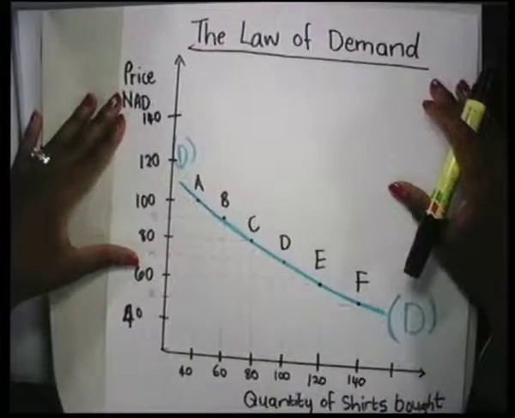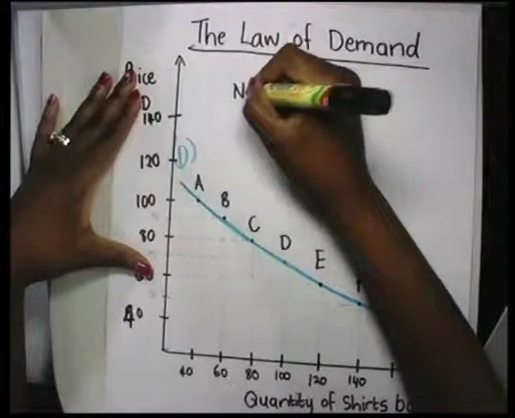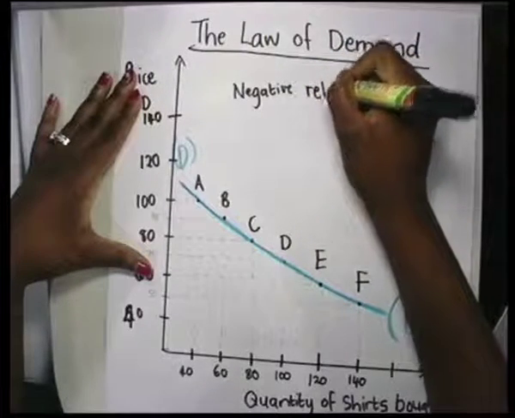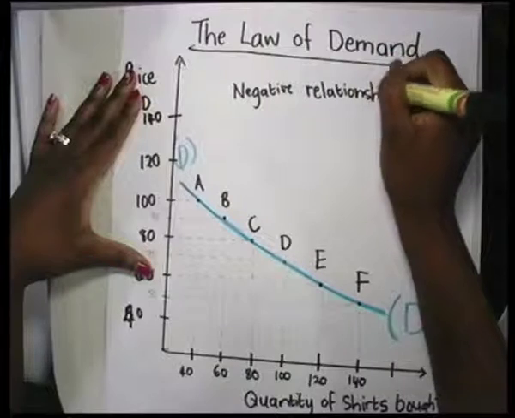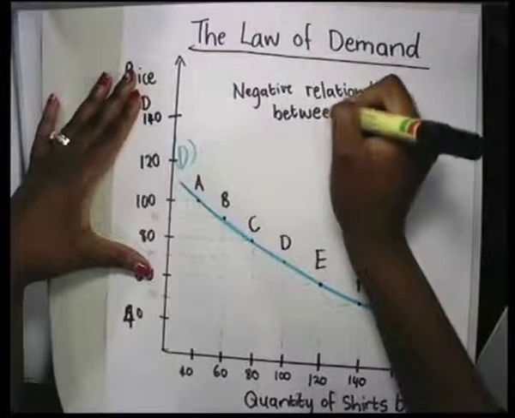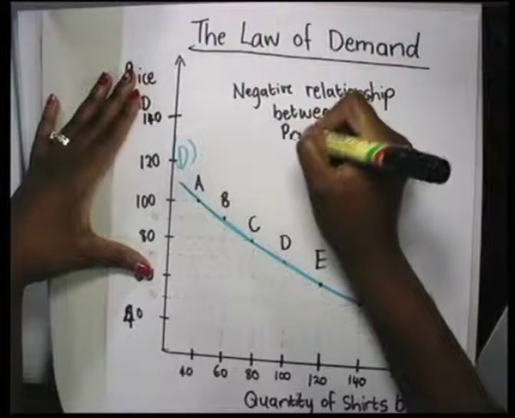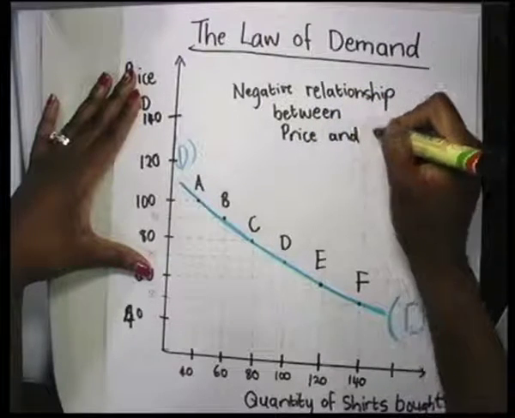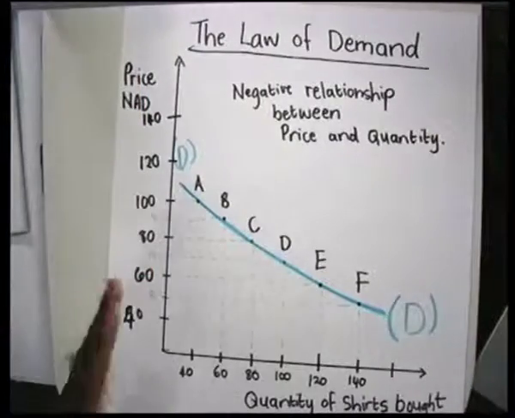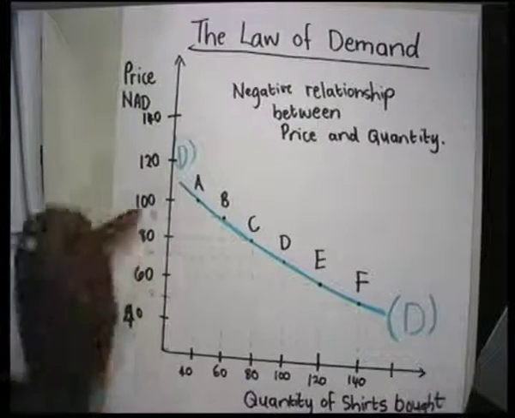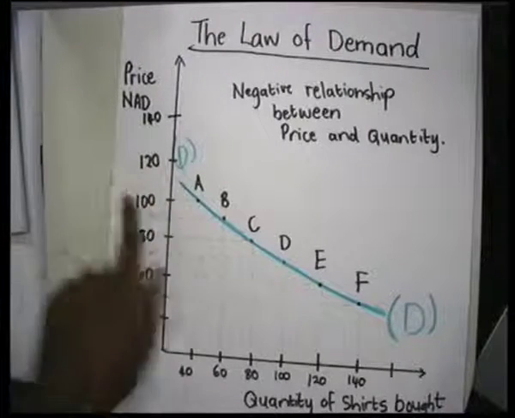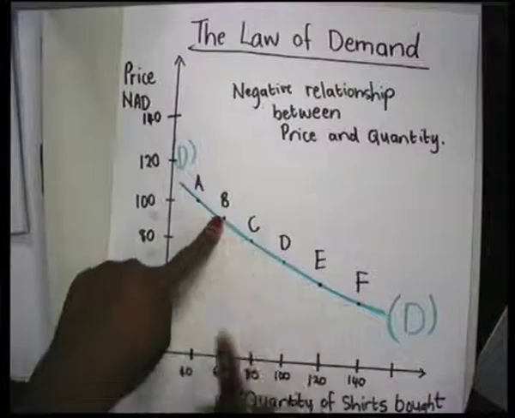So when it comes to the law of demand, there's a negative relationship between price and quantity, because as price decreases, quantity increases.